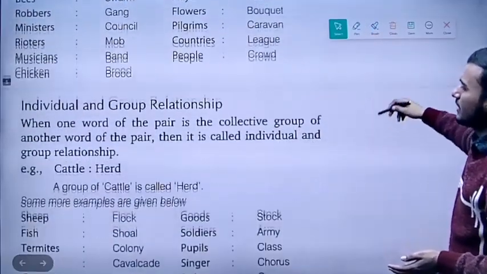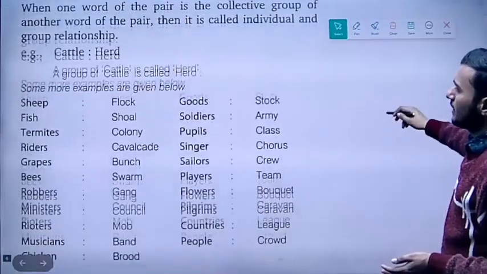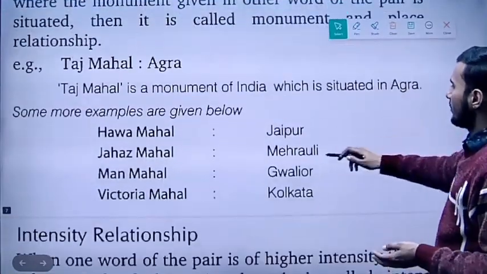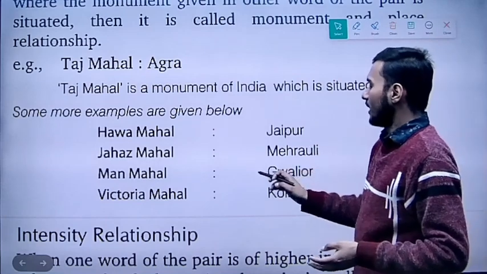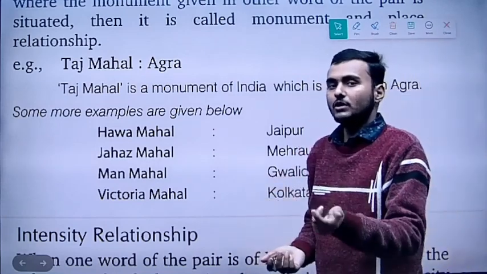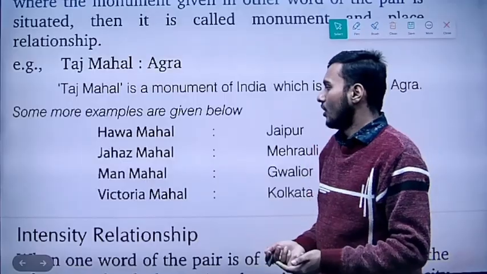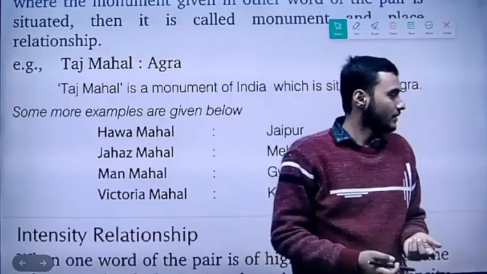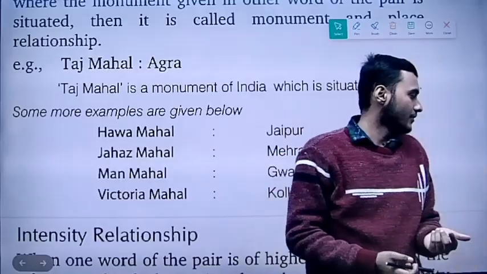So this type of thing is given, like individual and group relationship, then monuments and place relationship, like Hawa Mahal is equal to Jaipur. Then if we take the example Red Fort is equal to what? The answer will be Delhi. Or there will be the question Victoria Memorial is equal to Kolkata, then St. George Fort will be what? Then the answer will be Chennai.